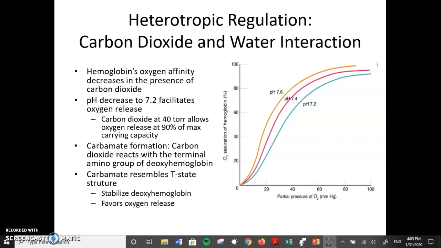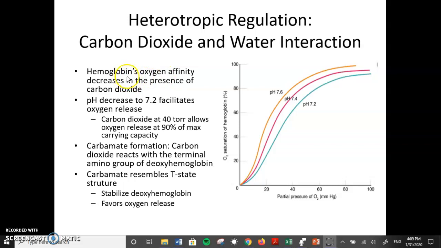The Bohr effect is actually the effect that hydrogen ions and carbon dioxide interactions have on oxygen release. When carbon dioxide and water interact, the pH drops. When this pH drops, we see that the saturation of hemoglobin is lowered.